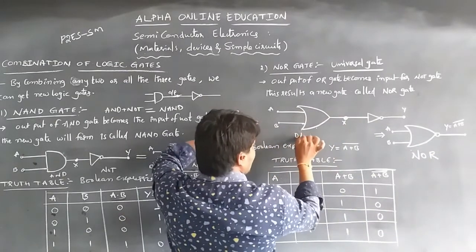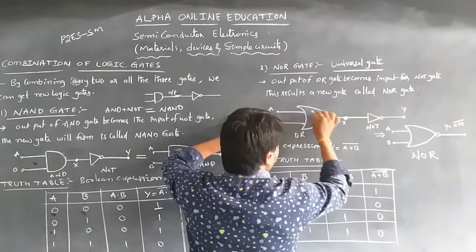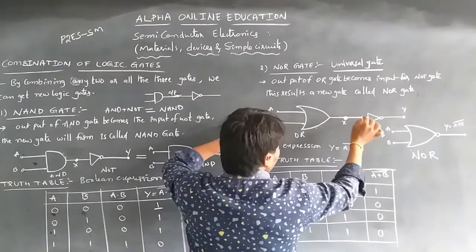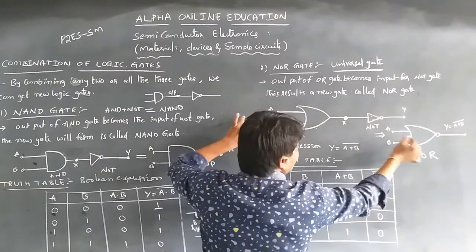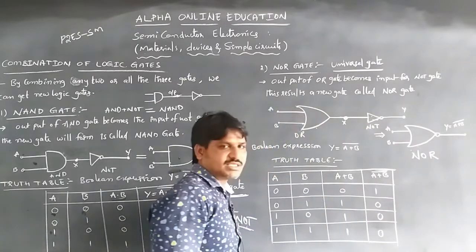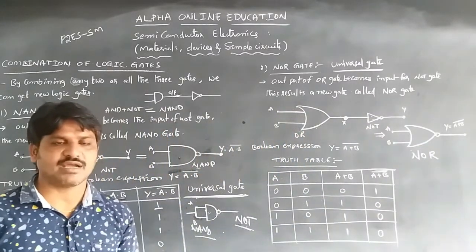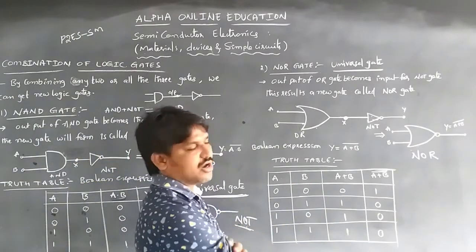This is the OR gate and this is a NOT gate. Whenever the OR gate output becomes the input for the NOT gate, the NOR gate is formed. We take the values of the OR operation and get the inverse values, the opposite values of the OR gate.